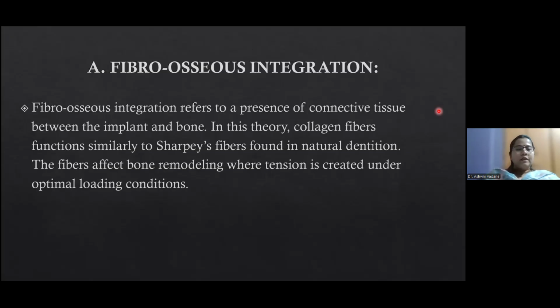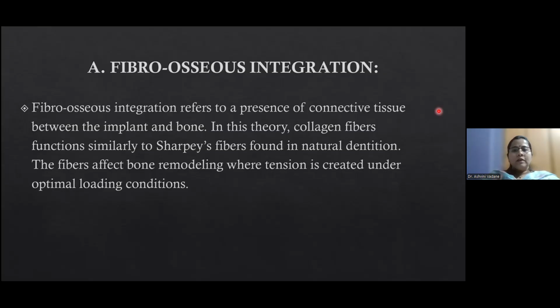So what is fibro-osseous integration? Fibro-osseous integration refers to the presence of connective tissue between the implant and bone. In this theory, collagen fibers function similarly to Sharpey's fibers, which are found in the natural dentition. All of us know that in natural dentition, we will see the periodontal ligament, Sharpey's fibers.